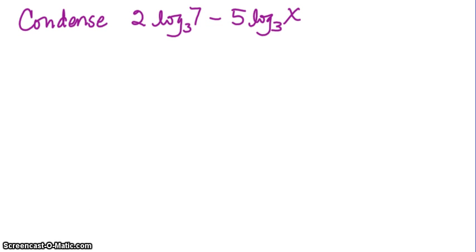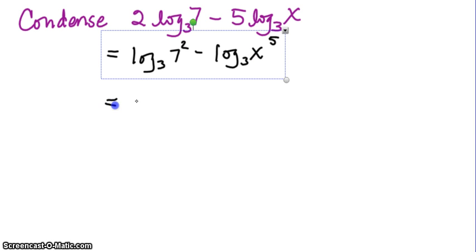Our next problem is to condense this expression. Here I have another power law. So this would be the log base 3 of 7 squared minus the log base 3 of x to the 5th. 7 squared is 49, and I can't do anything with this.